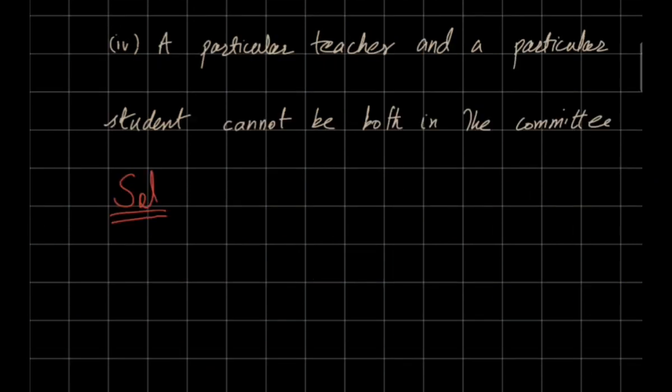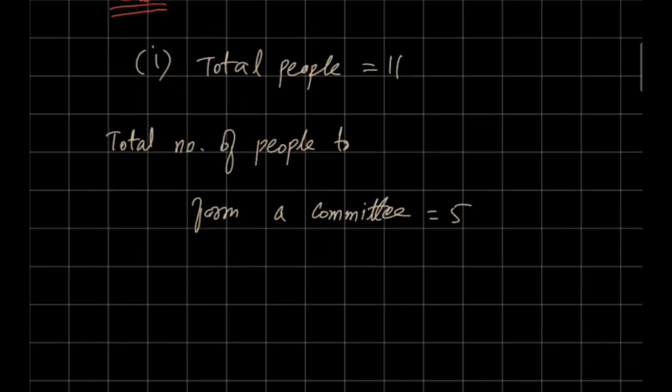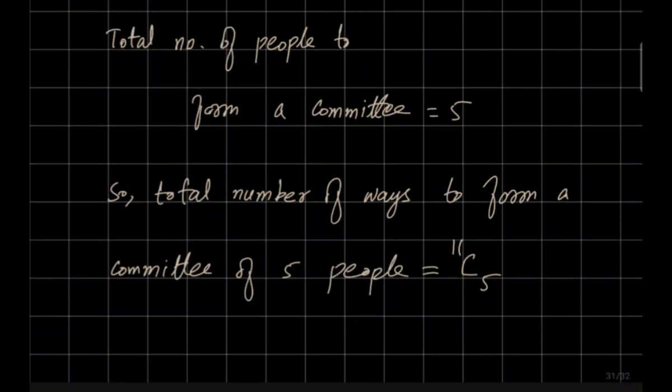So here is the solution. In the first part, since there is no restriction and there are a total of 11 people, and we want to make a committee of 5 of them, we will simply use nCr. Here n is 11 and r is 5.